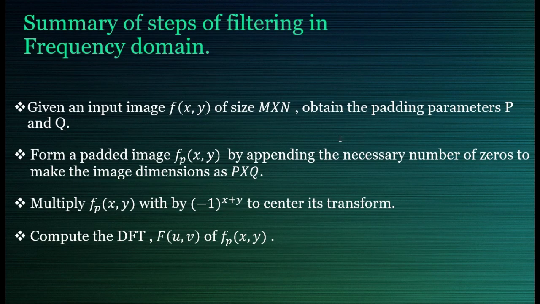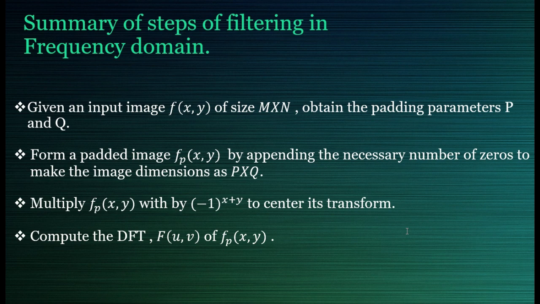Now let's see the summary of the steps of the filtering in the frequency domain. We are given an input image f(x,y) of size M times N, and we have padded it with the parameters P and Q, where P is equal to 2M and Q equal to 2N. We have formed the padded image by appending the necessary number of zeros to make the image dimensions P times Q. Now we have multiplied f(x,y) with minus 1 to the x plus y to center its transform.